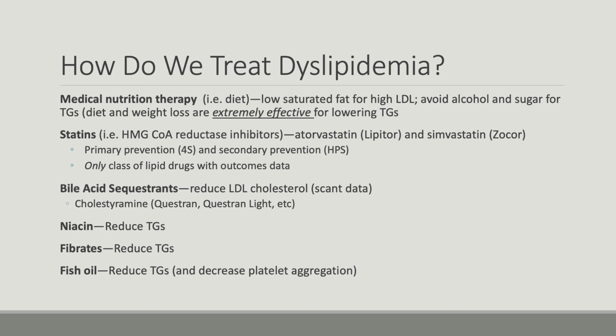There are others out there, Pravachol or Pravastatin, etc. But the statins, or the HMG coenzyme A reductase inhibitors, we just call them statins. Those are the only class of lipid drugs with outcomes data until this very exciting study came out with a particular fish oil brand that I think came out about 2 years ago at the ACC convention when I was there.